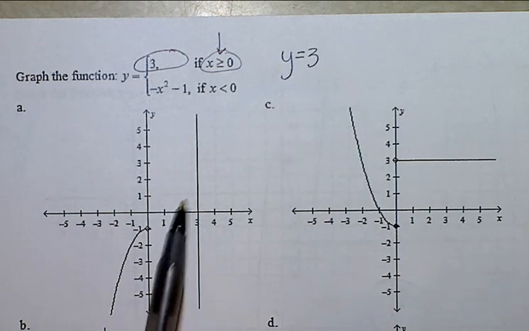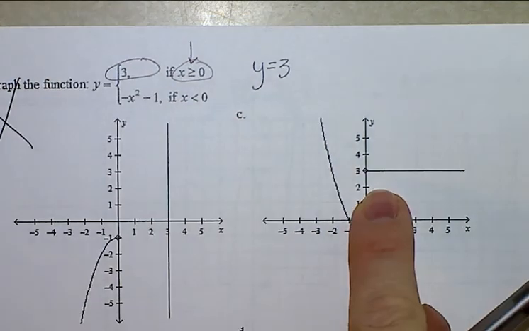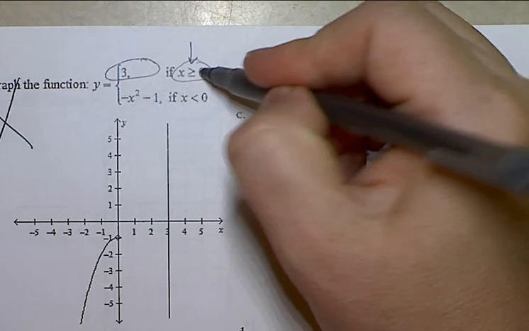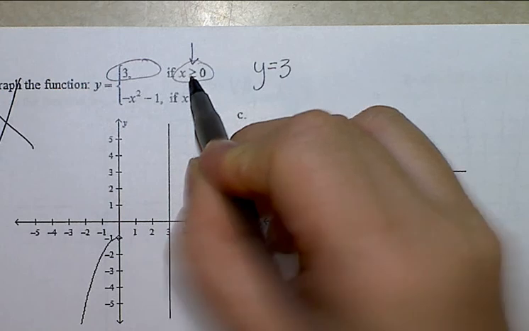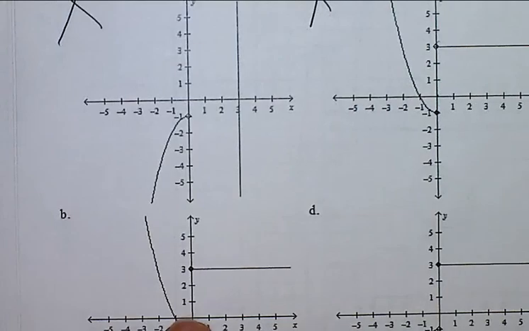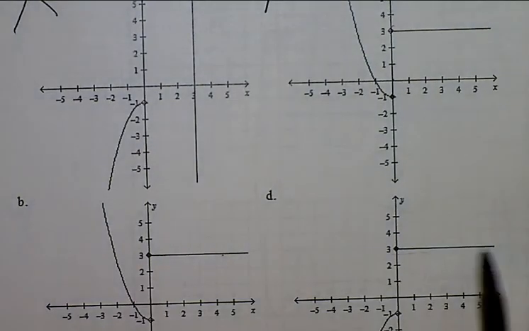This is not horizontal, it is vertical. Cross out A. Is this a horizontal line at y equals 3? Now at the point x equals 0, is it a closed circle? Cross it out. I have 2 options left. This is the line y equals 3 as well as this one, and they both have a closed dot, so I can't cancel anything out.